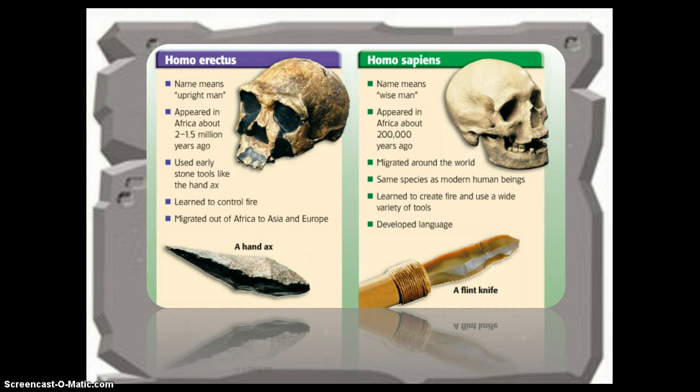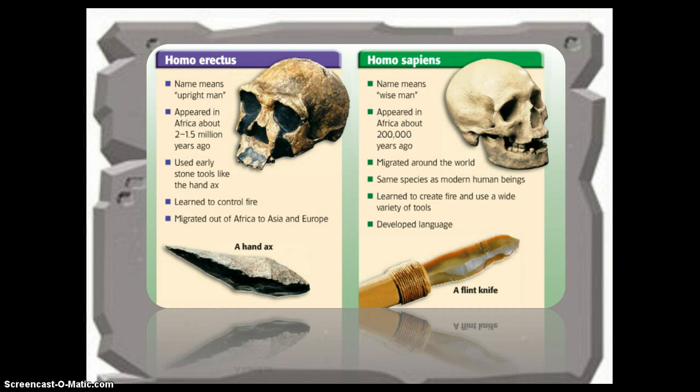So they learned how to control fire, and they also used stone tools like this hand axe in this picture. Also, what is different about Homo erectus compared with the earlier ones is that they migrated out of Africa into Asia and Europe, something we're going to discuss next week. And then we come up with the Homo sapiens.